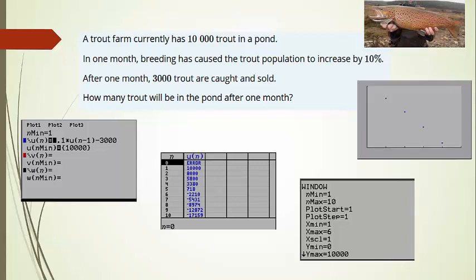Let's see what that looks like. So there you go. Probably could have been a bit better, that graph, but you get the general idea, showing the positive values only. Anyway, that's an example of a combined arithmetic and geometric sequence. The arithmetic part is the minus 3,000, and the geometric part is multiplying by 1.1.